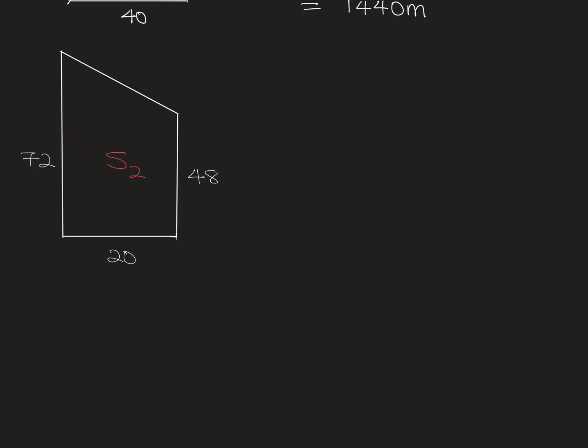Now the area of a trapezium is half (A plus B) times H, where we can choose this as A, this as B, and this will be the height. A and B are the two parallel sides of the trapezium.